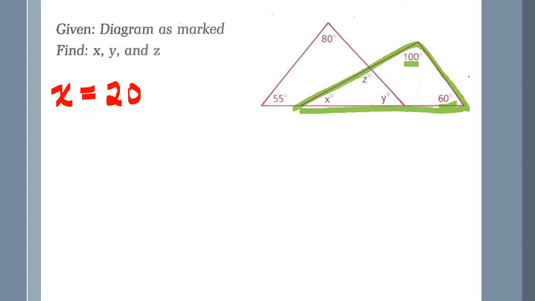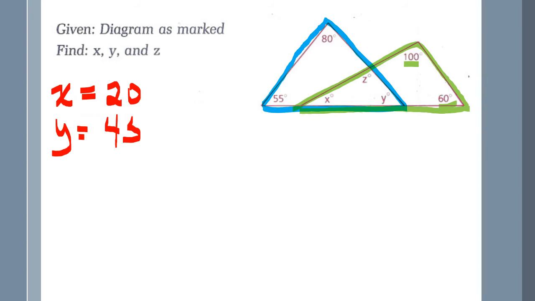I'm going to do the same thing with this triangle to solve for y. So 80 plus 55 is 135, right? Therefore, y is now equal to 45. Now I know if x is 20 and y is 45, then x plus y plus z all equals 180.